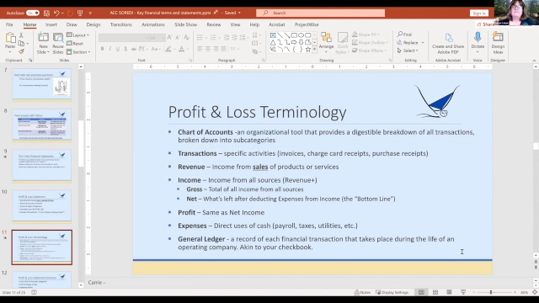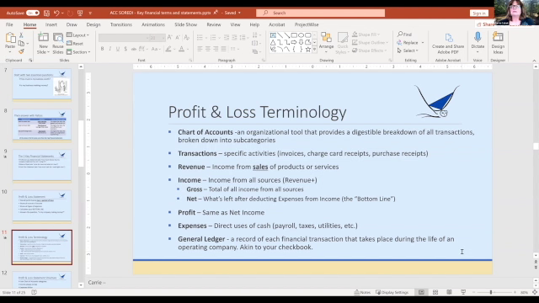Whereas you may have other income sources, in the best example, where perhaps your business owns a building, and it sublets a part of that building to a small company, potentially a partner, but they're paying you rent. In that case, that rent is income, but it is not revenue from your primary products and services.